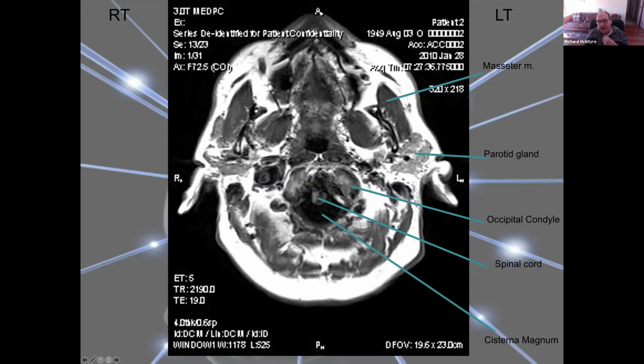It's not just a gland, it's got tunnels and sinuses and structures to make the saliva and then secrete the saliva. Occipital condyle, we don't get a very good picture of the bones. Spinal cord, we get a lovely picture of the nervous tissue. And cisterna magna, which is essentially a space.